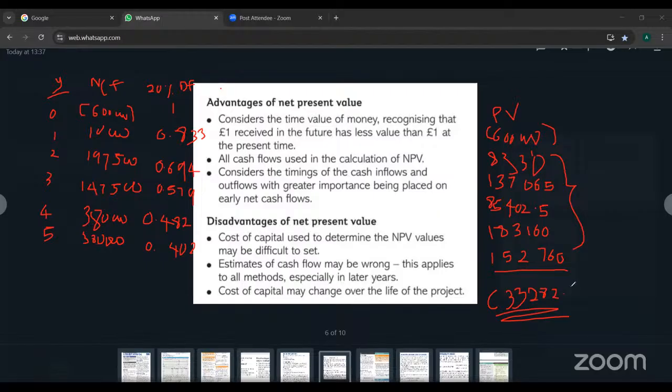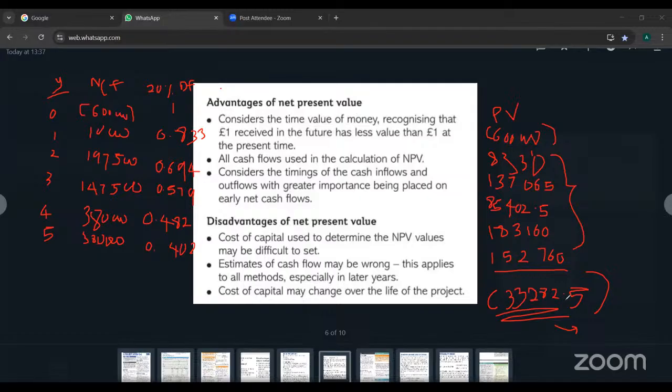So the net present value is a negative value. You have to show it in brackets: (33,282.5).